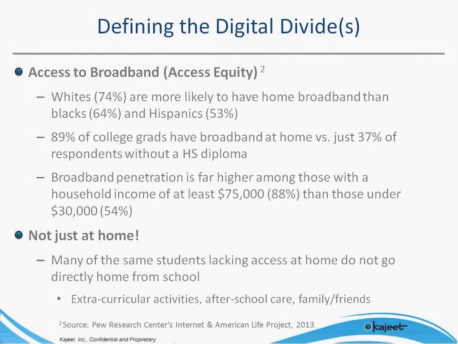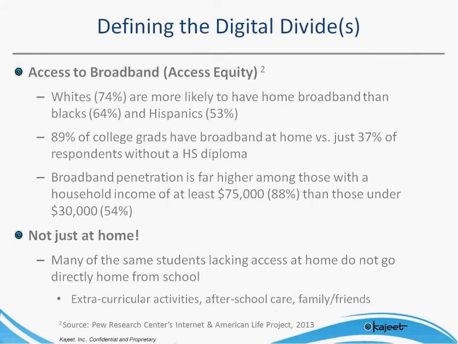If we look at economics, you also see a pretty big disparity there. So broadband penetration among high earners, and really we're saying household income of at least $75,000, so that's middle income, is 88%. Whereas down to those families that have a household income of under $30,000, considered low income families, their access level is only 54%.